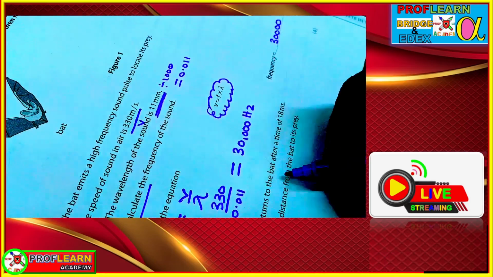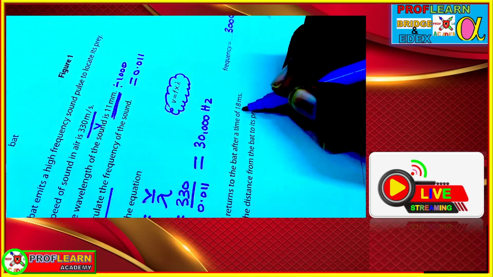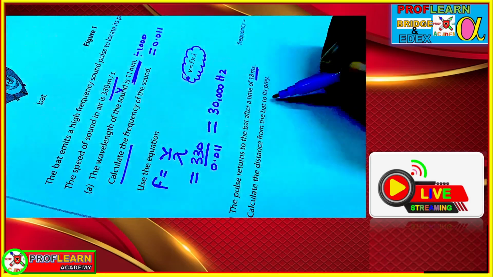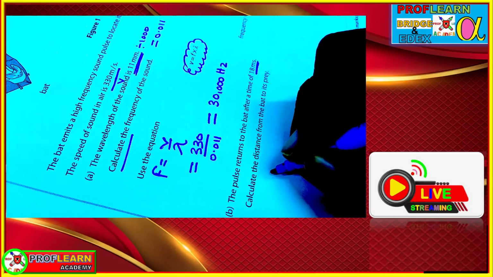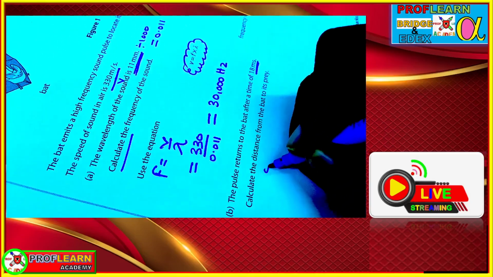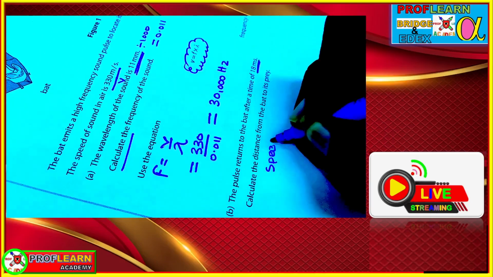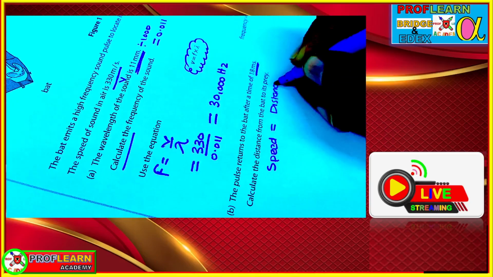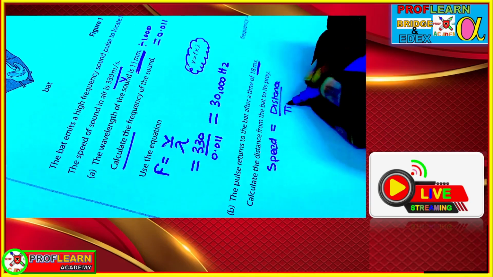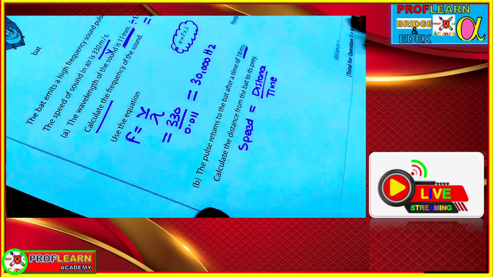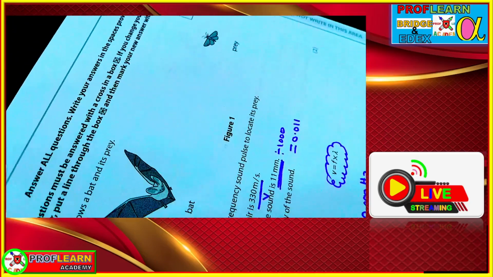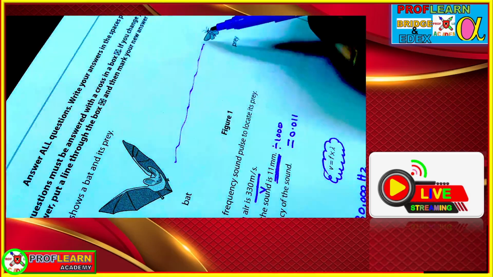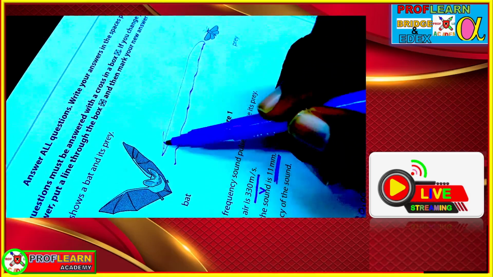So the pulse returns to the bat after 18 milliseconds. Calculate the distance. Remember, speed is equal to distance over time, and the way the pulse travels, it reaches the prey and then it travels back.